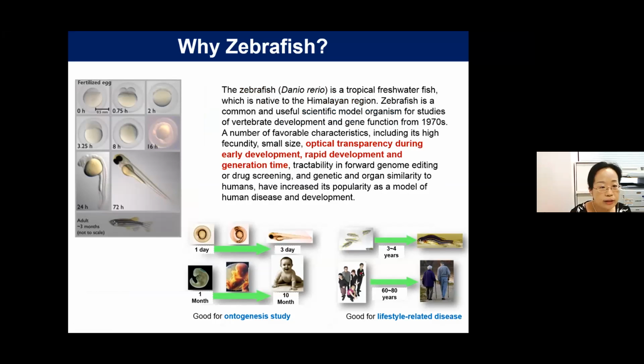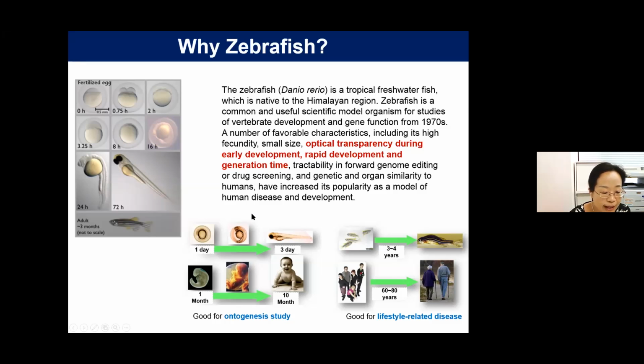The zebrafish embryo is optically transparent during early development, which is a benefit for high resolution imaging of live animals. The embryonic development of zebrafish is very rapid, and laboratory strains can hatch around 3 days post fertilization.